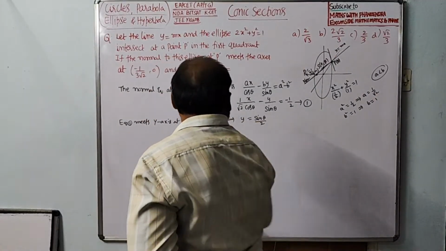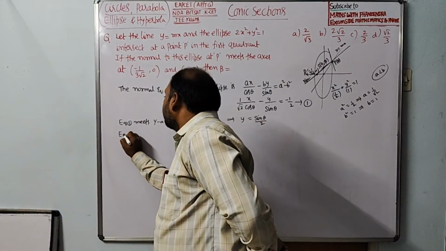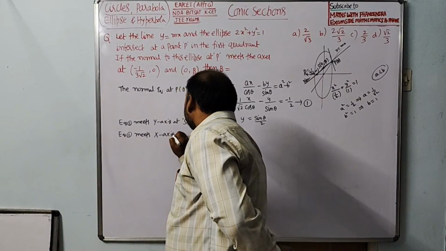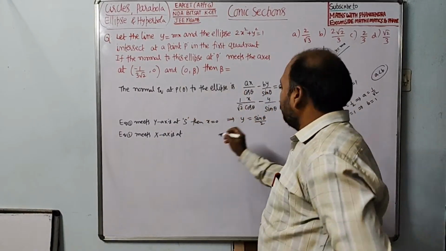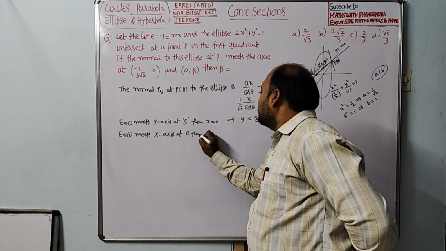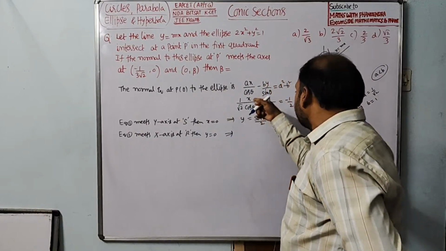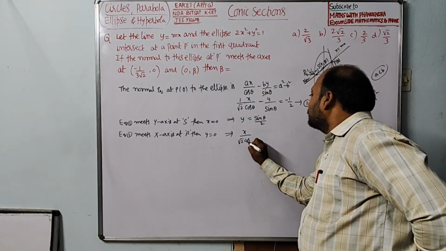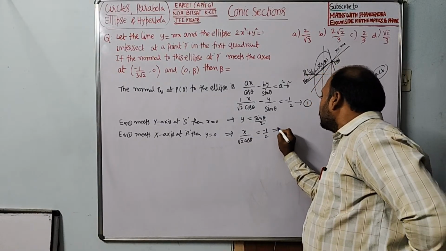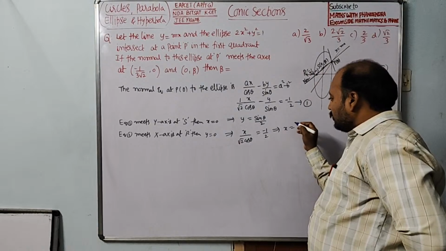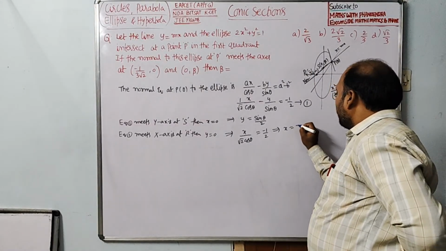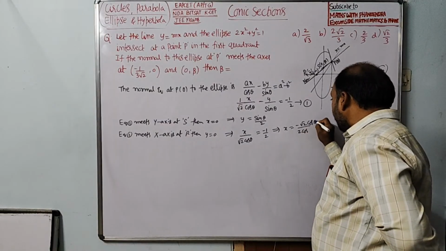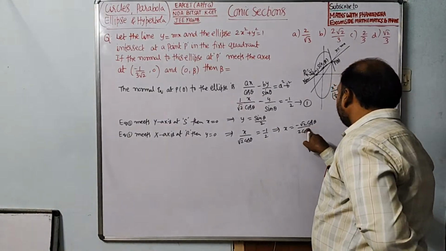Next, equation 1 at R on the x-axis, then y is equal to 0, that implies x by root 2 cos theta is equal to minus 1 by 2, that implies x is equal to minus root 2 by 2 cos theta, minus root 2 cos theta by 2.